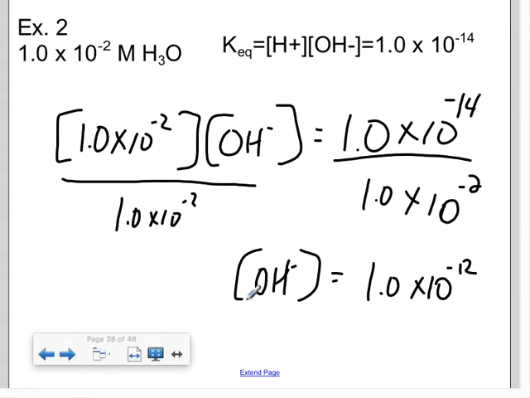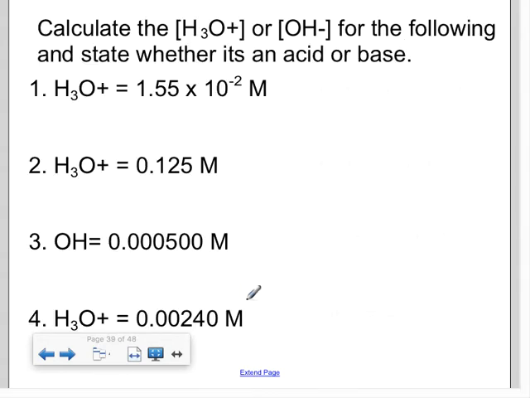Let's do one more sample problem, and then these three will be your assignment. I'll actually give you the answers; you just have to show your work. So H3O plus equals 1.55 times 10 to the negative 2.